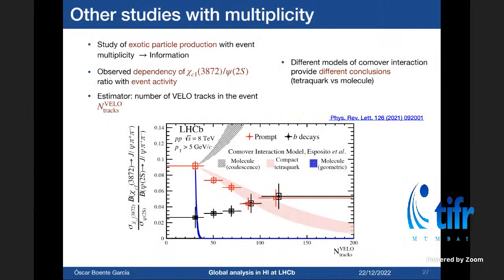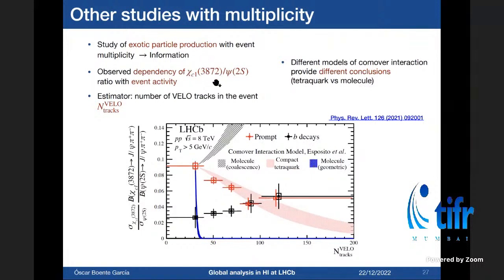Another example of studies with multiplicity is where we use the number of Velo tracks directly as a multiplicity estimator. Here you have the production of exotic particles, which aimed to see if we can get information about the nature of this exotic candidate, which is not clear, whether it's a tetraquark or a molecular state.